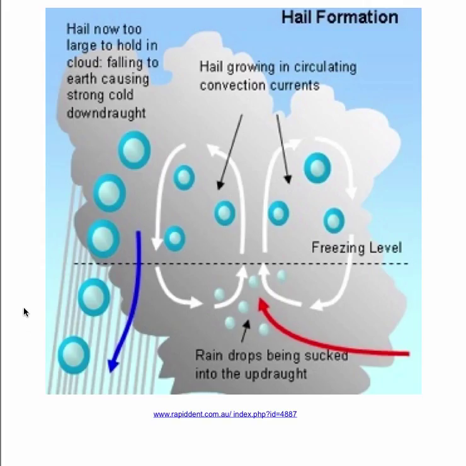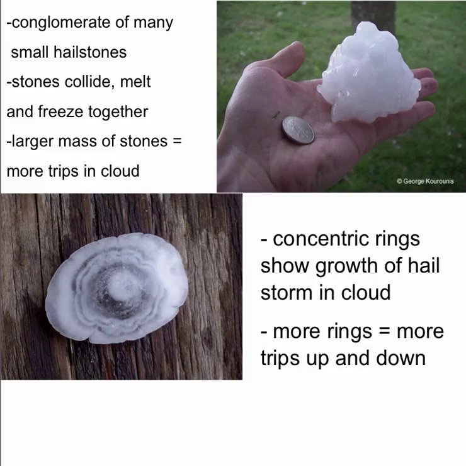Okay, so the larger that cumulonimbus cloud, the taller it is, and the more wind you have going up and down in that cloud, it allows for the hailstone to grow, kind of like rings on a tree. So here you can see some really cool pictures. This one here shows the growth rings. So this would be a single hailstone that grew and grew and grew based on how many trips it took in that cumulonimbus cloud.